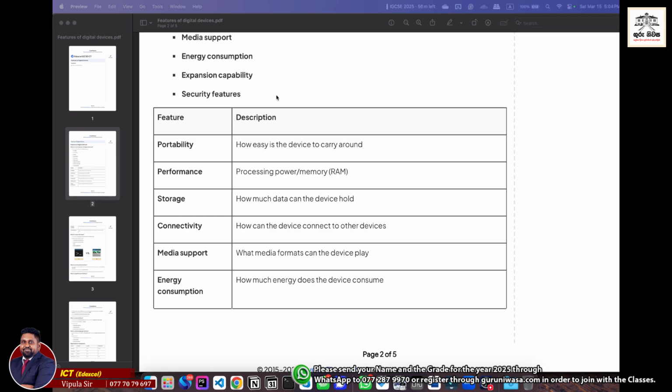For example, if it is a smartphone, we categorize it based on the power of the CPU, as well as the amount of RAM and the device's capability to perform different activities.